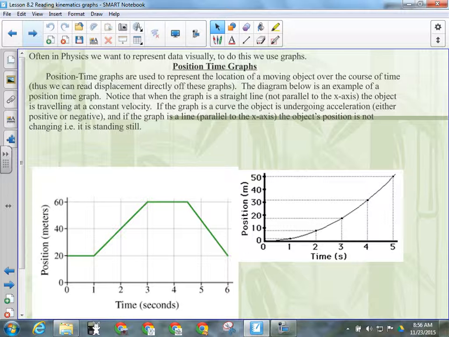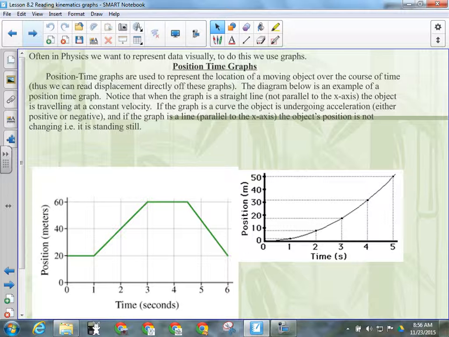Because if it went really far in a short space of time, it was obviously going fast. But if it didn't go very far and it took a really long time to do it, it was going really slow. We can just interpret those by the shape of the graph and where the points are.